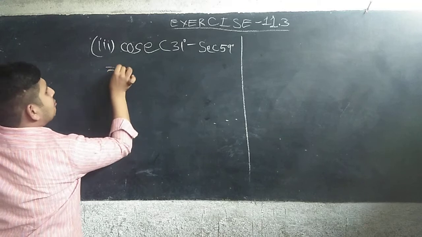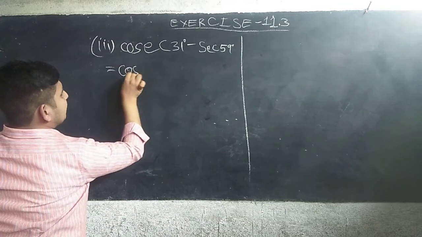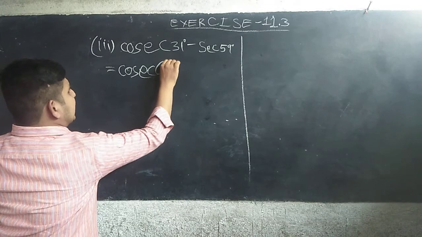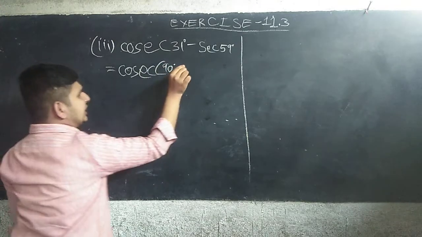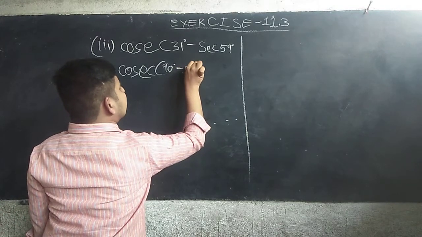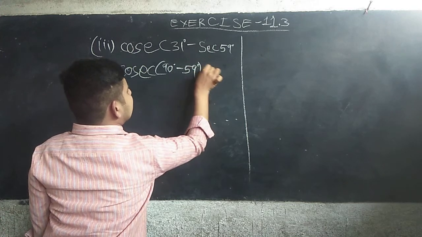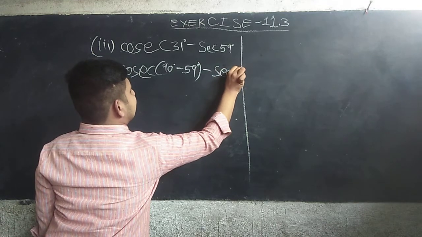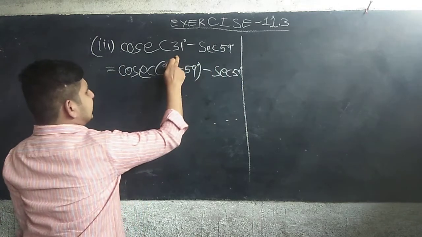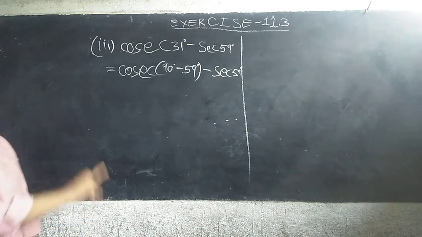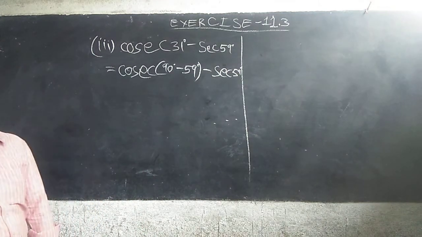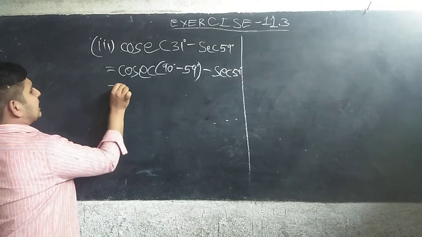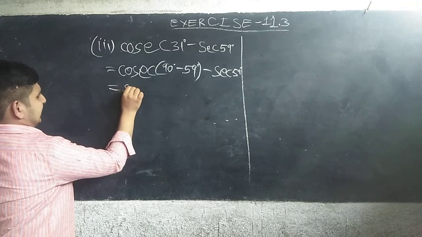So 31 degrees can be written as 90 degrees minus 59 degrees, so cosec 90 minus 59 degrees minus sec 59 degrees. Cosec 90 minus theta, where the complementary ratio changes, so cosec 90 minus 59 equals sec 59 degrees.